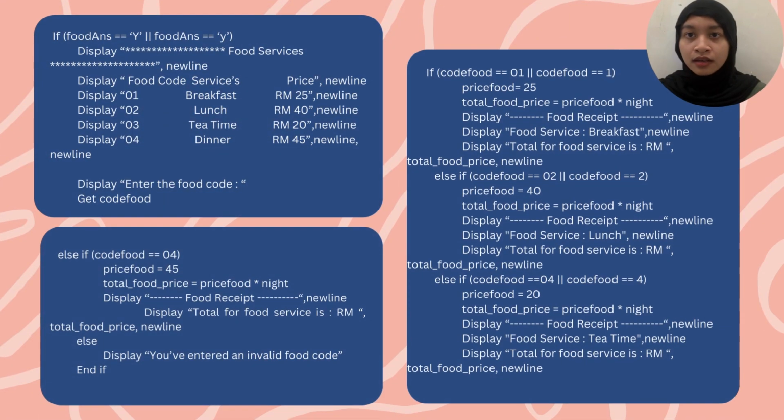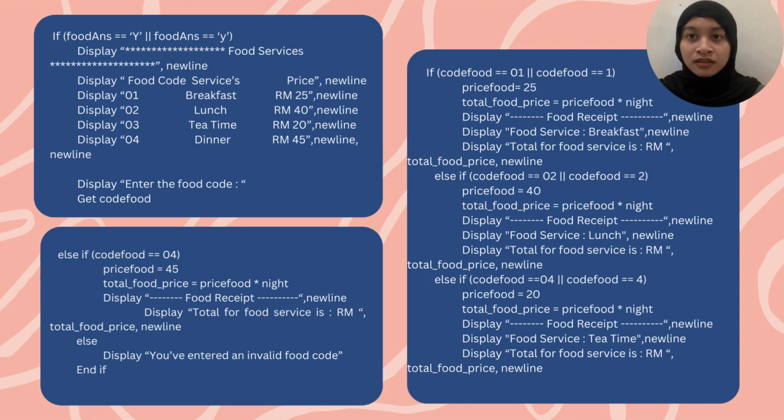Second, food services will be prepared. There are four food services: code 1 is for breakfast, code 2 is for lunch, code 3 is for tea time, and the last one is for dinner.